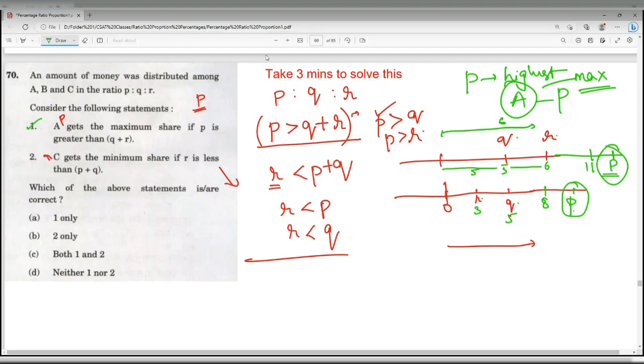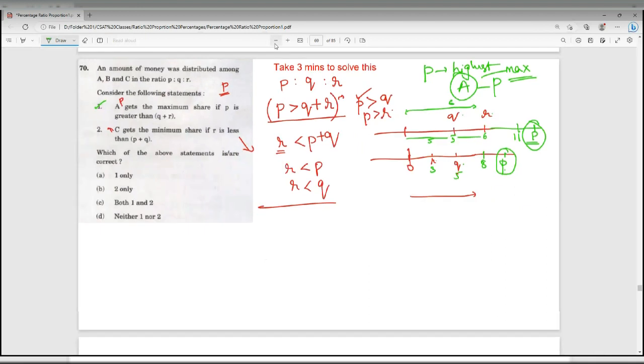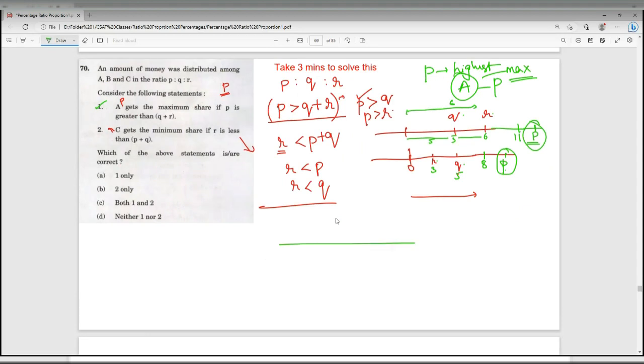Then similarly, we'll see whether we can deduce something similar using the number line. C gets the minimum share if R is less than P plus Q. The number line is here. We have 0, and P and Q. Let's say P is here and Q is here, and one more scenario is Q is here and P is here.